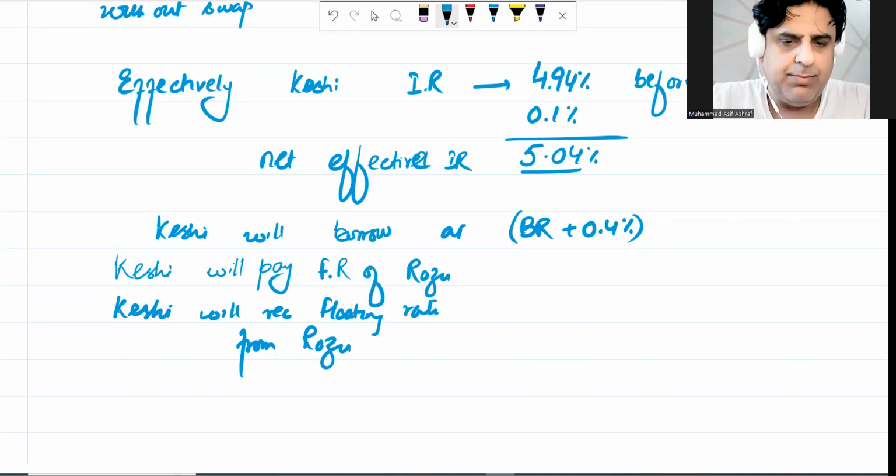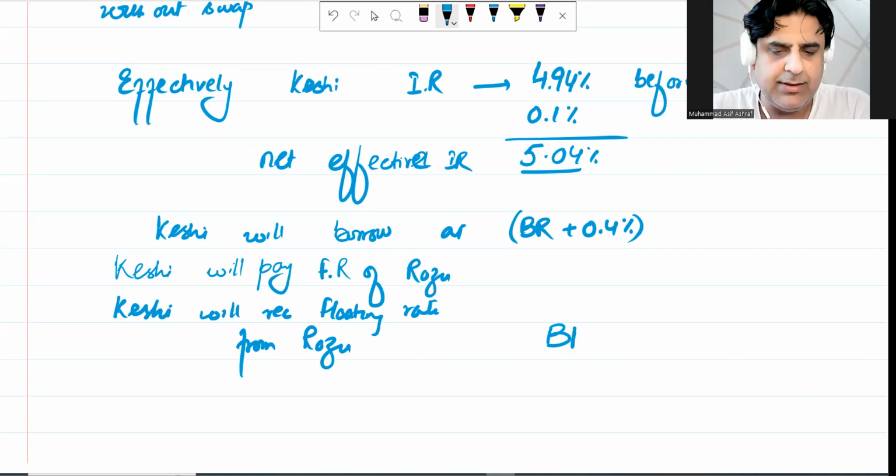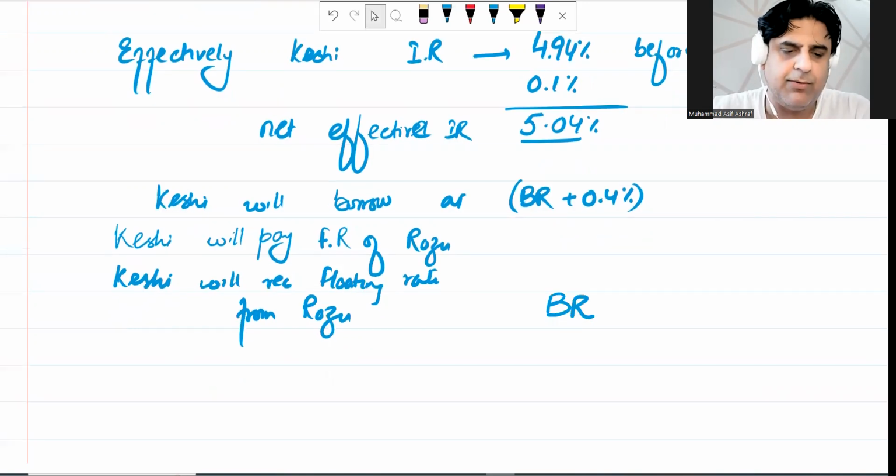Always remember, the party which is borrowing at the floating rate will pay the fixed rate of the other party and receive the floating rate from the other party. So it is going to receive bank rate from 𝗤𝘅.